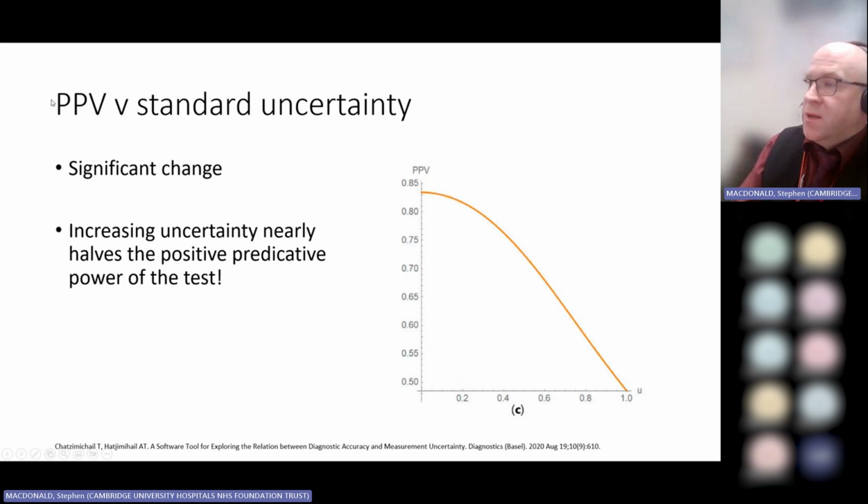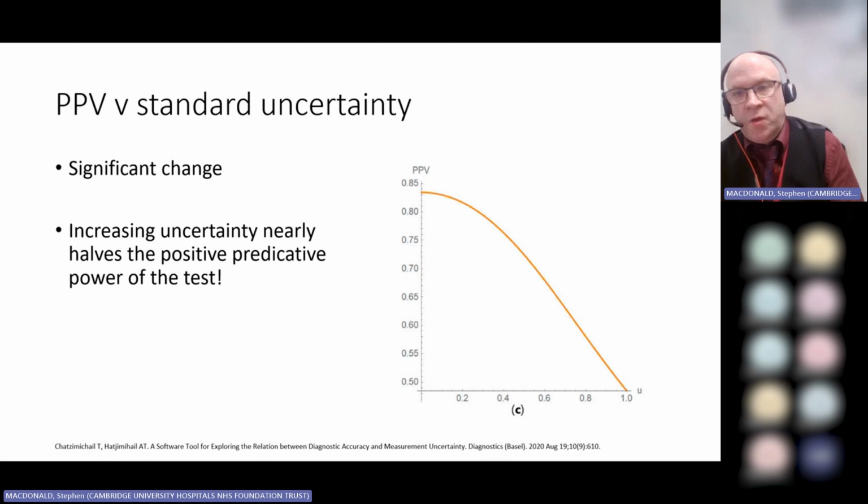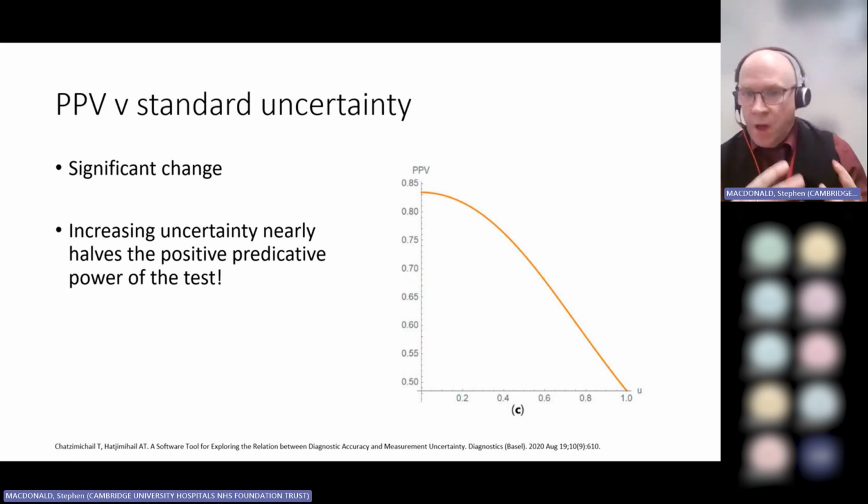Looking at positive predictive value and standard uncertainty, there is a dramatic effect here, a really significant change. You can imagine this having quite a big impact if you're testing for a disease and your positive predictive value is high. You tell a clinician your result is positive and they say, that's great, I know exactly what to do, I can take my clinical decisions based on that.